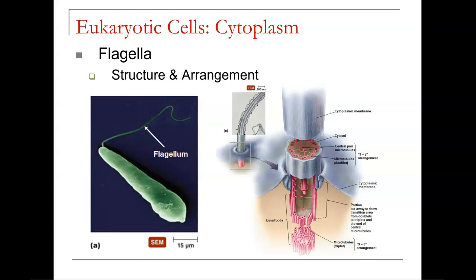So it may be single or it could be multiple. The function of flagella in eukaryotic cells is to provide locomotion or movement, to undulate rhythmically and push or pull a cell through a medium. It doesn't rotate and can exhibit taxis, so move from place to place. In a human, the only cell that's going to have a flagellum is going to be a sperm cell.